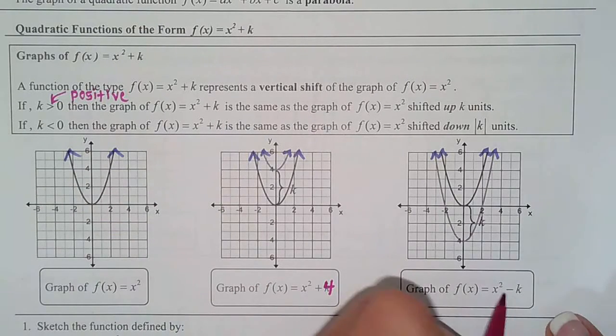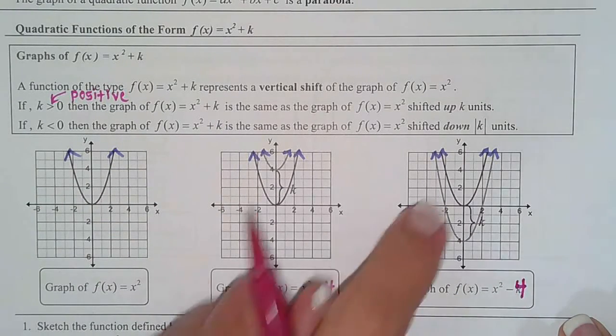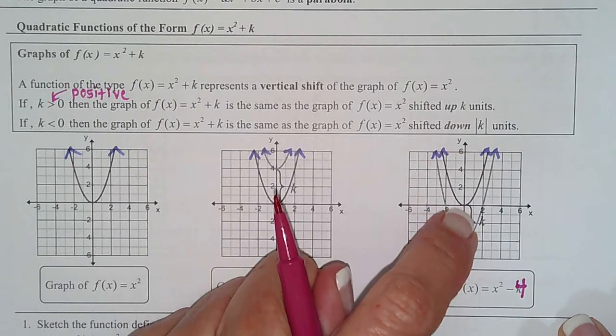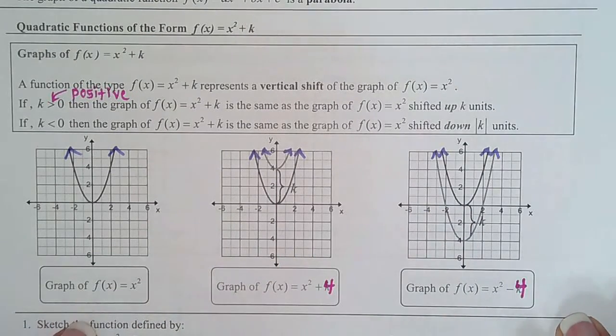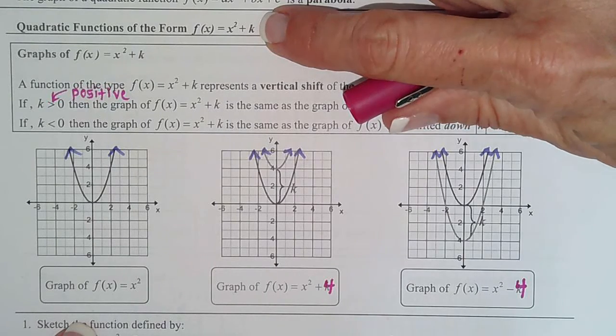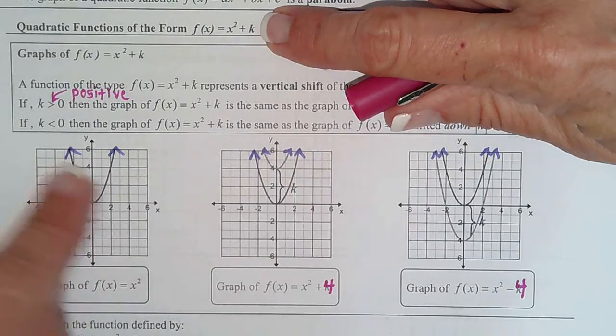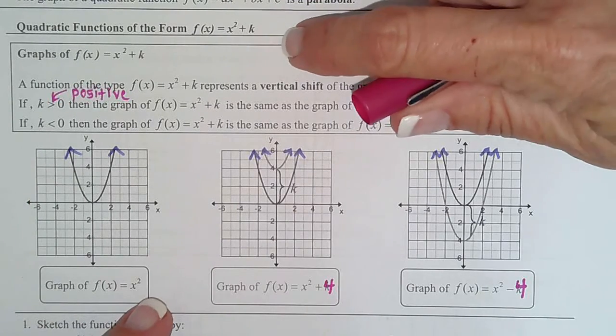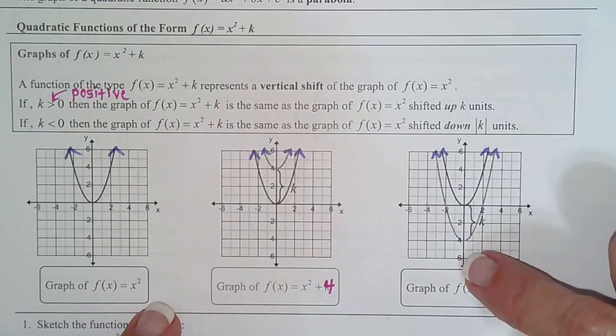So if we had negative 4 here, that means take the mother function and shift it down 4. So adding what we call a constant, that means a number, not an x, a number at the end shifts it up. Subtracting a number after the x squared shifts it down.